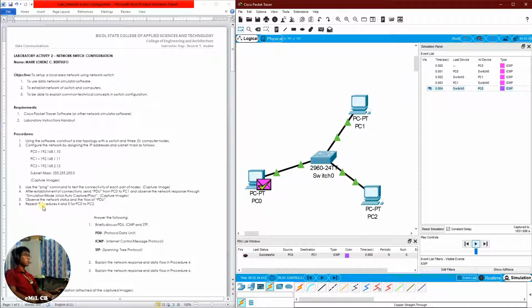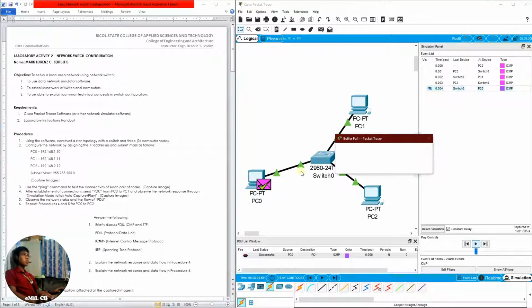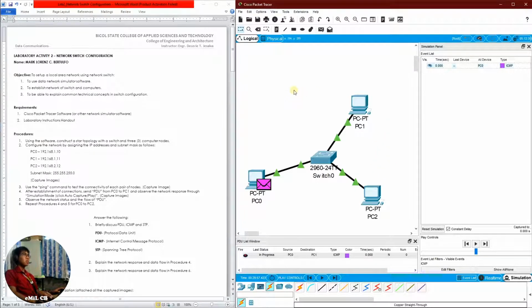Procedure number 6, repeat procedures 4 and 5 for PC0 to PC2. Let us try; Packet Tracer has a buffer, so we are going to clear the list. I hope I'm doing this right.